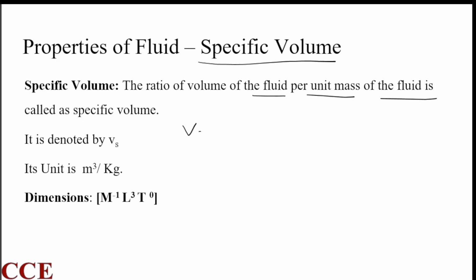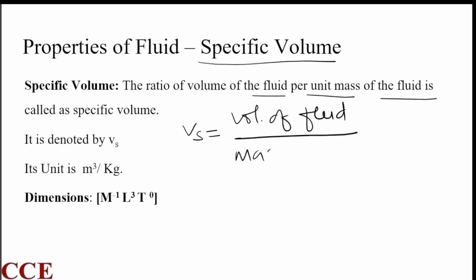The notation is Vs. So we say volume of fluid divided by mass of fluid. By the definition of mass density, I can say it is the reciprocal of mass density.